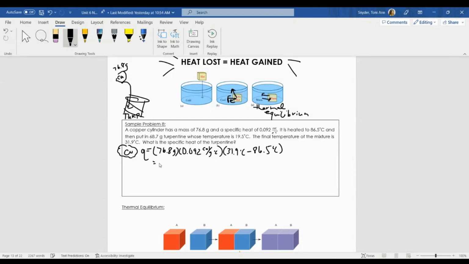And I find that the copper would have released 390 calories of energy. Okay? Copper released 390 calories of energy.